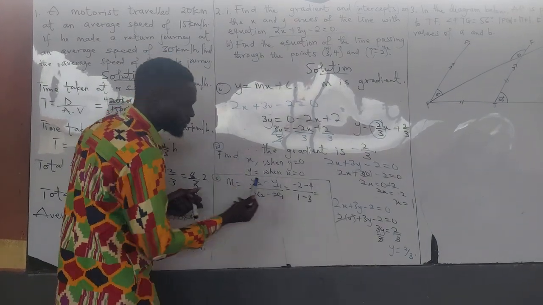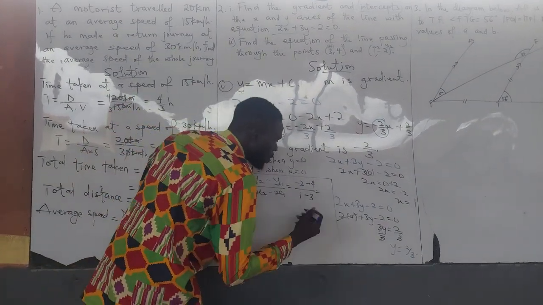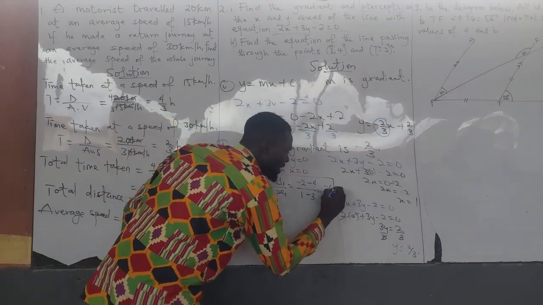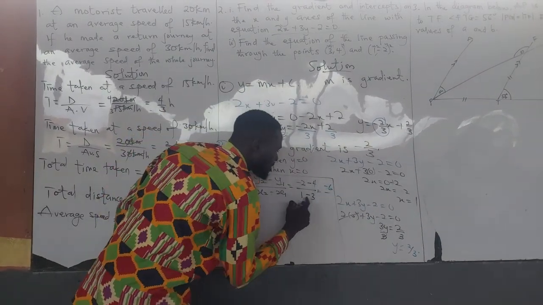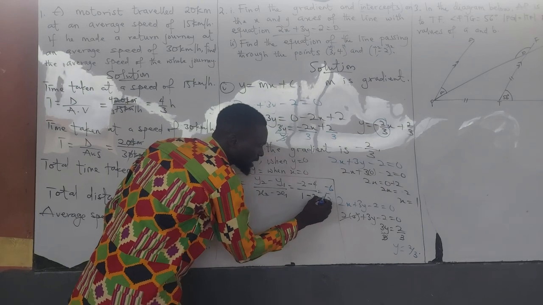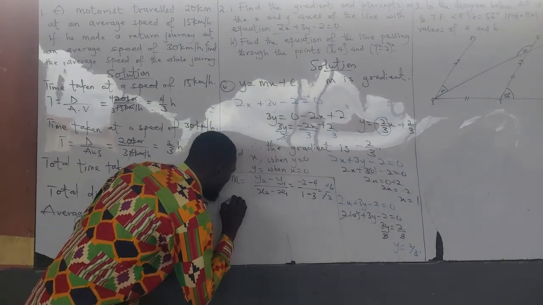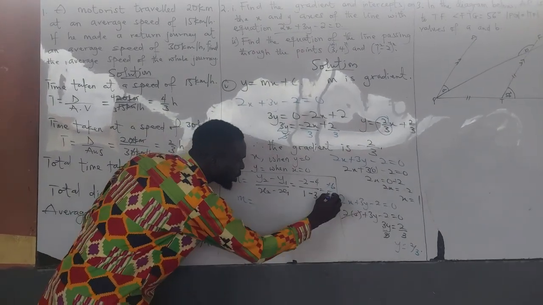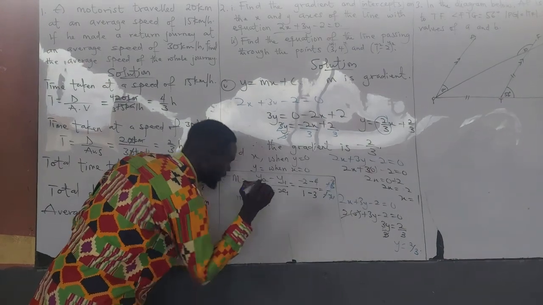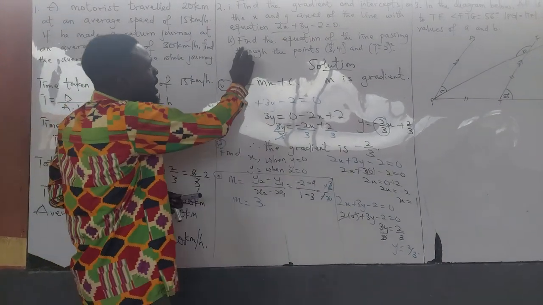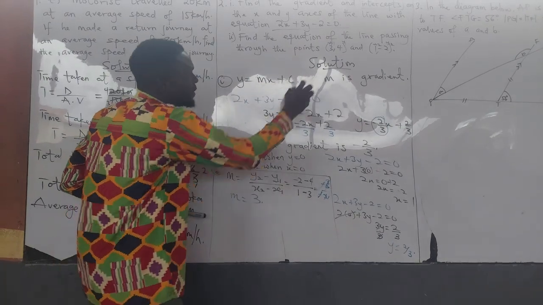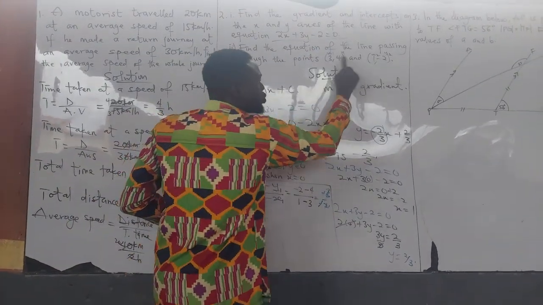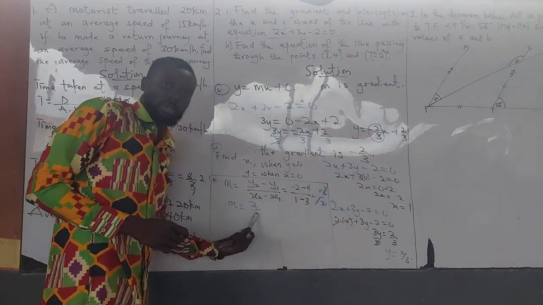Now what are we getting? Negative 2 minus 4 is negative 6. Then you have this as negative 2. So this will cancel out. Now you have m to be equal to what? 3. So the gradient of the line which passes through these points is 3.